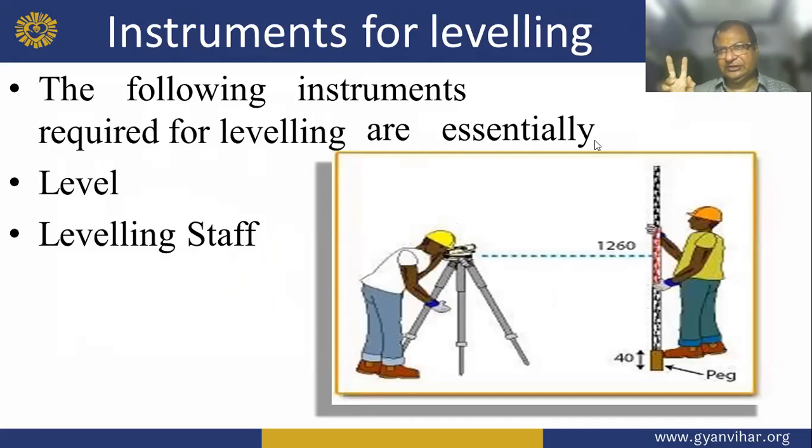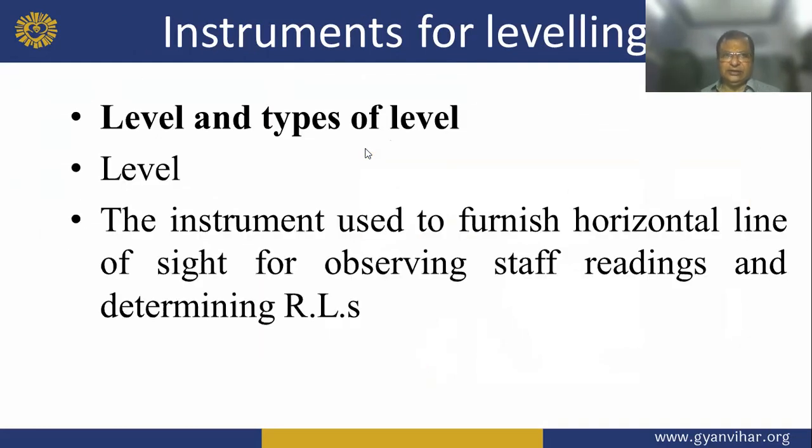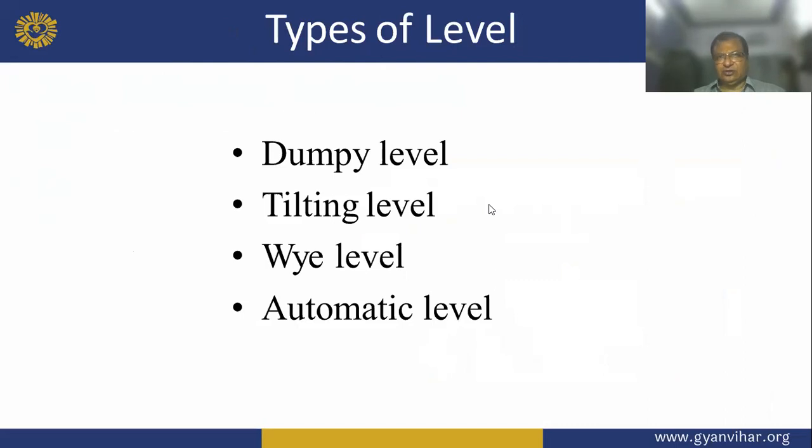The level is the instrument used to furnish a horizontal line of sight for observing staff readings and determining RLs. Which types of level are available nearby? Dumpy level, tilting level, Y level and automatic level.